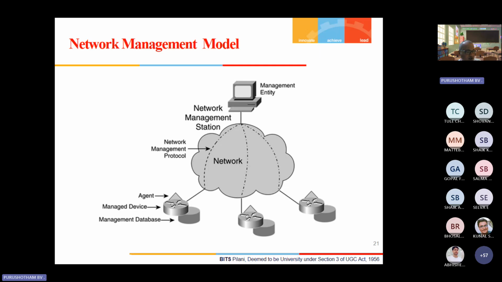For example, say a managed device is your mobile, then mobile-related things will be there. If it is a network element, then something related to that, a PC or workstation, will be there. So this is how we basically get to know the details: agent, managed devices, management database.